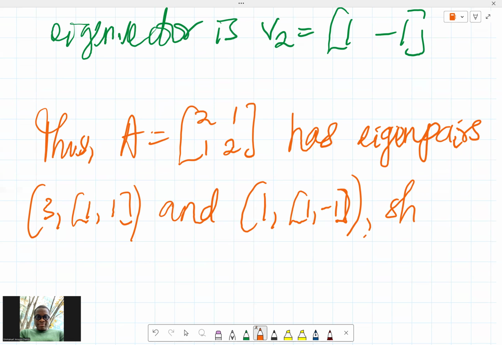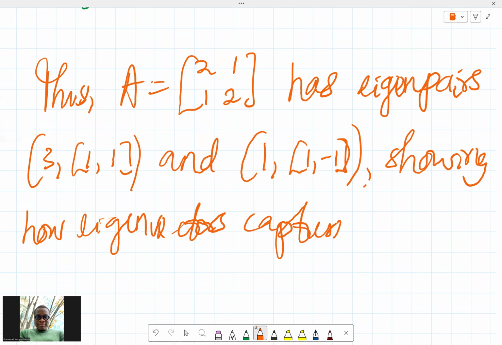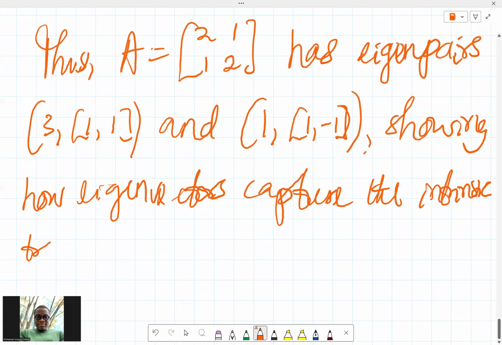This shows how eigenvectors capture the intrinsic transformation structure of matrices.